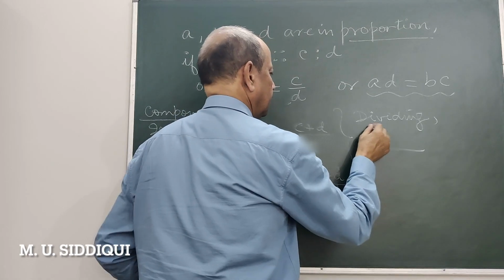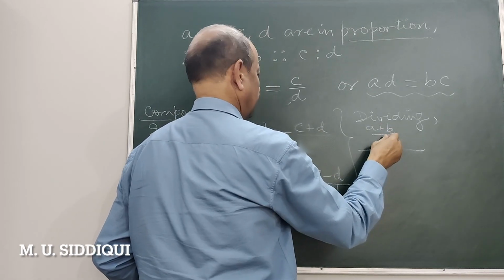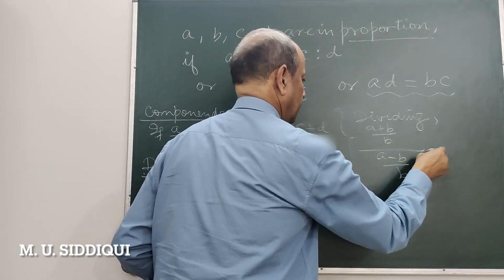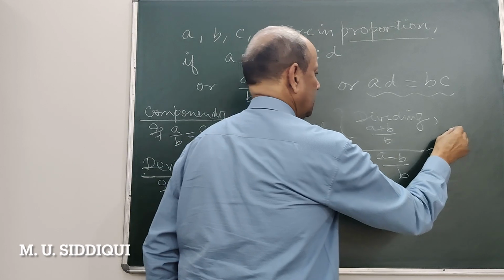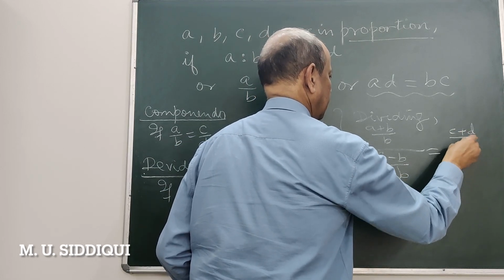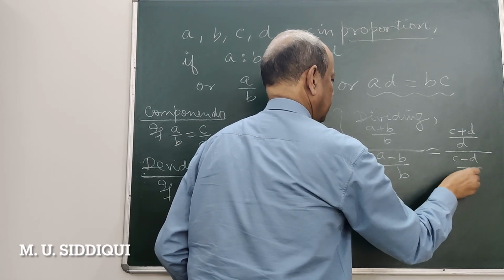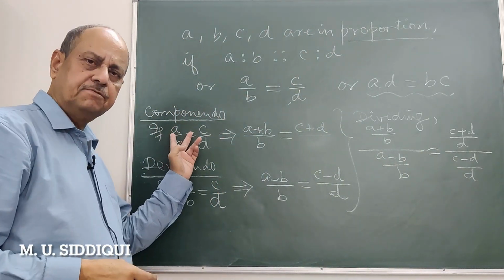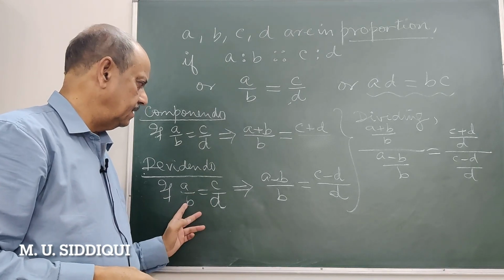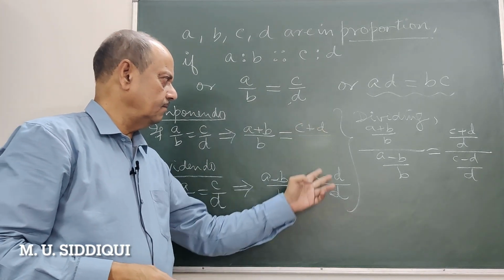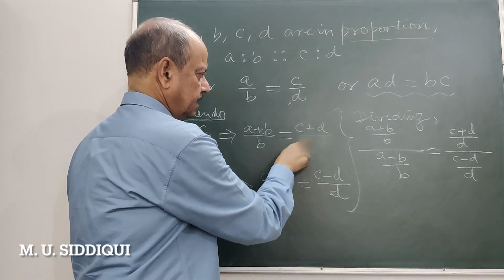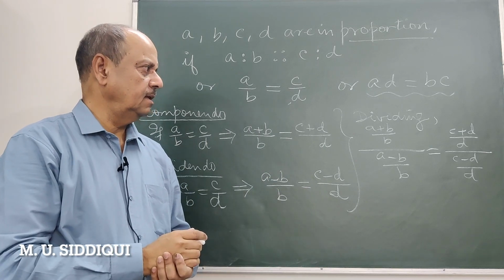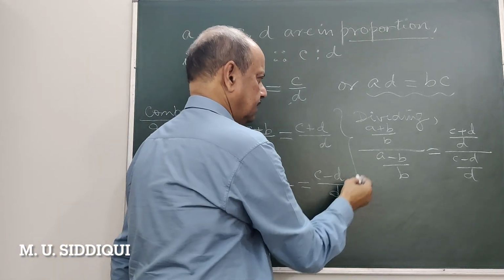This is A plus B upon B, this is now A minus B upon B. On the right side it was C plus D upon D, and this was C minus D upon D. Simply we have divided the expression on the left side by the expression on the left side, and the right side likewise. This was not correct, it should be like that, and now when you have divided, what do you get?